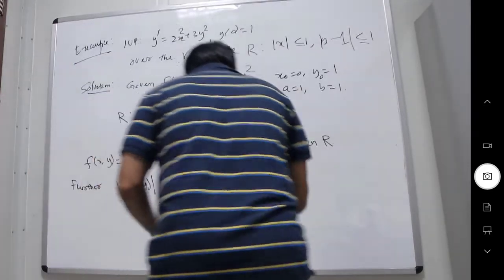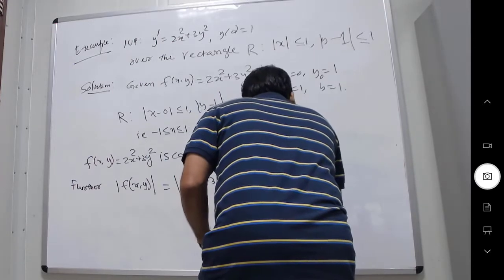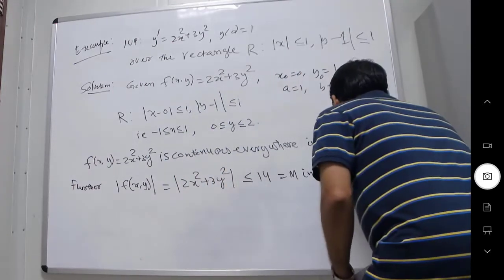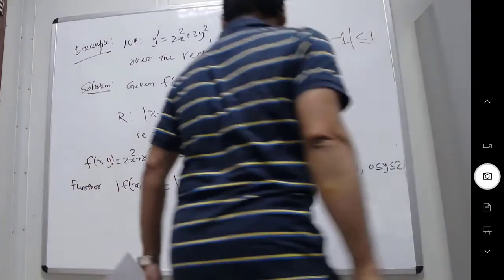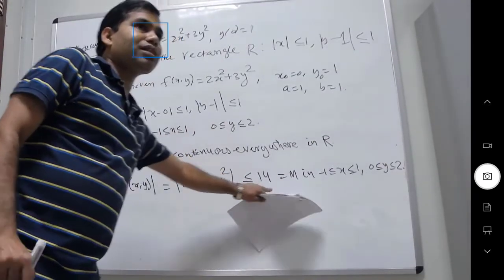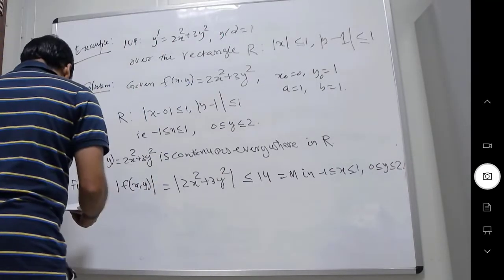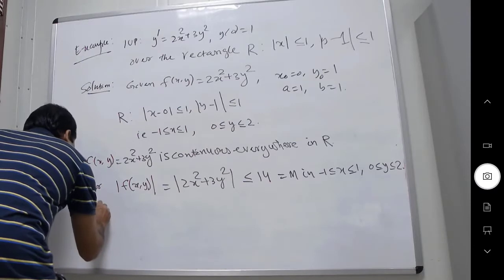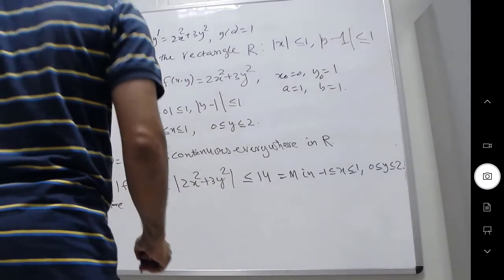I took the polynomial, which is less than equal to 14. So this is your M in minus 1 less than x less than 1, 0 less than y less than 2. So the maximum is 14. Therefore the function is bounded and continuous.